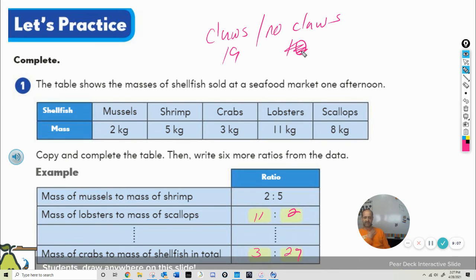Oh, 19 and 10. Yeah, I did it right. Good grief. 19 to 10. You could do scallops to mussels as 8 to 2. You could do shrimp to crabs as 5 to 3, and so on and so forth. Okay. That's it.